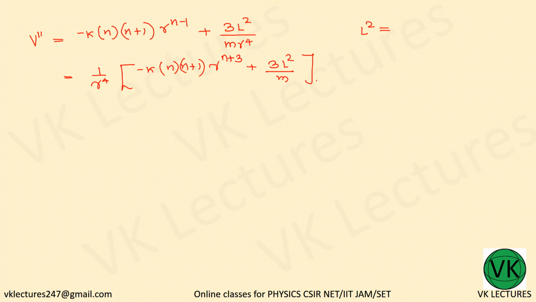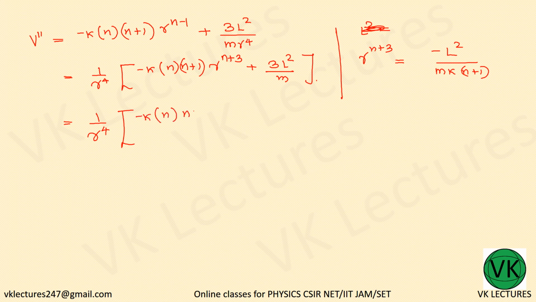We already know that r to the power n plus 3 is equal to minus L square divided by m into k into n plus 1. Just substituting this value over here, it's 1 divided by r to the power 4, minus k n into n plus 1, and r to the power n plus 3 is minus, so this becomes plus L square divided by m k n plus 1.